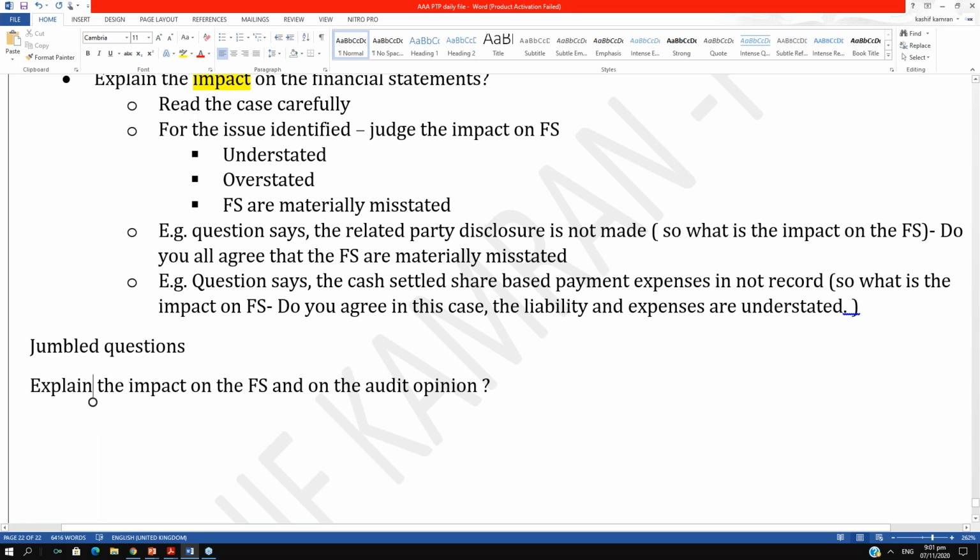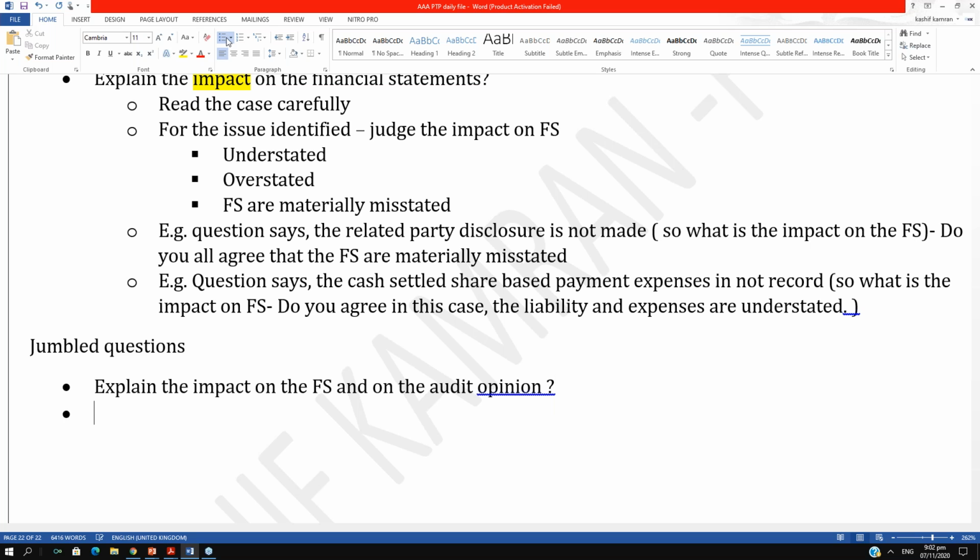You will first tell the examiner the impact on the financial statement, and then the impact on the audit opinion. If a question asks to explain the impact on the financial statements and on the audit report, will the individual exercise we just did help you with the jumbled questions?